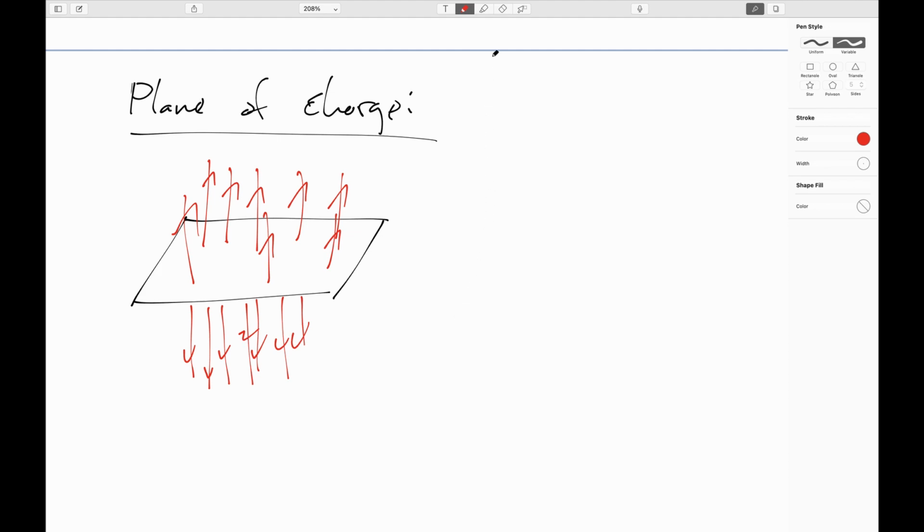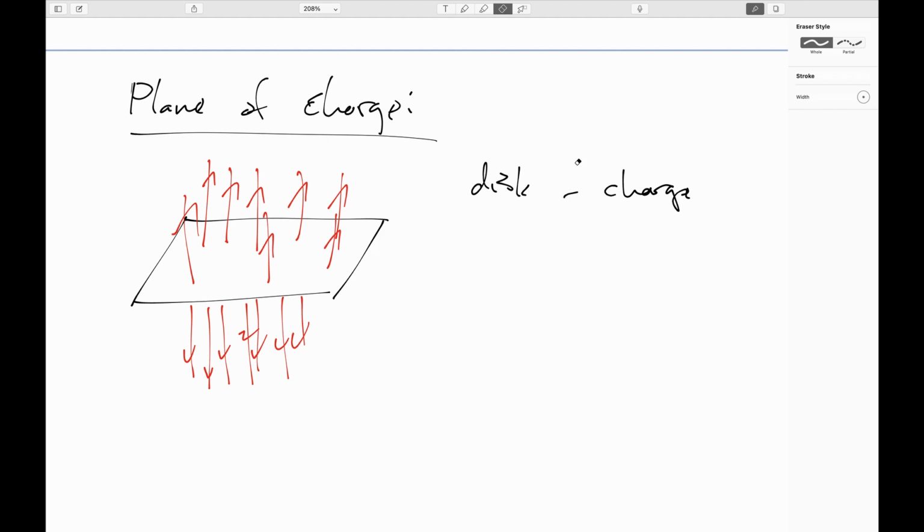So, okay, one way we can think about this is to imagine this as being a disk of charge where we just let the radius of the disk go to infinity. So we can go ahead and one more time steal our disk of charge result. There we go.